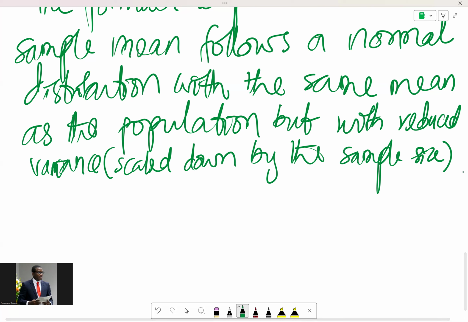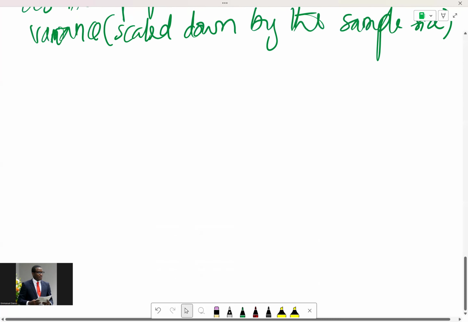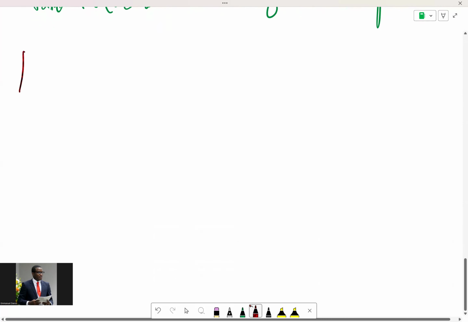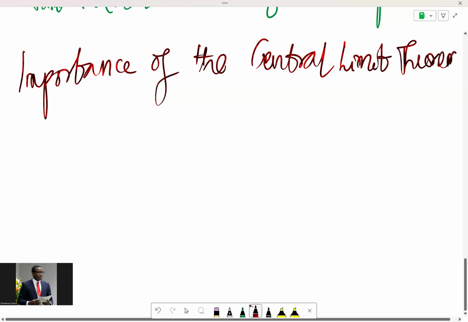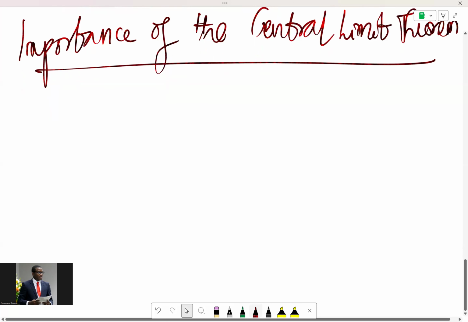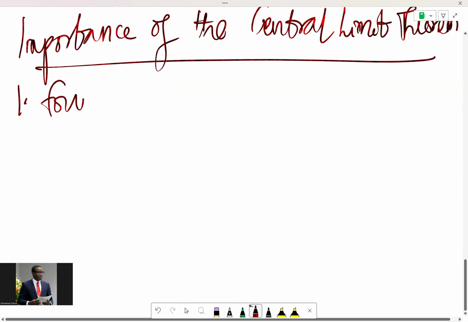Let's look at the importance of the central limit theorem. Number one, it is the foundation for inferential statistics.